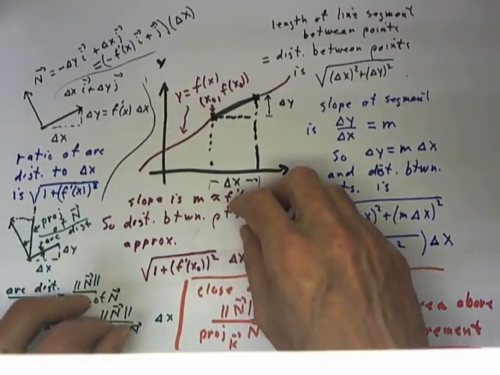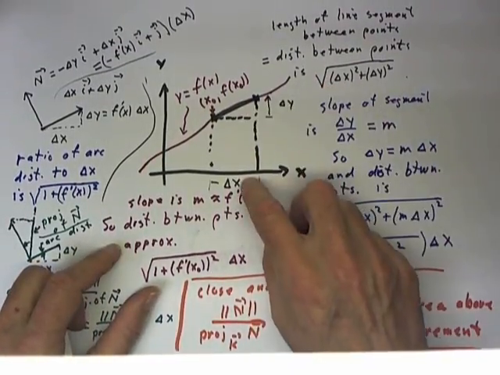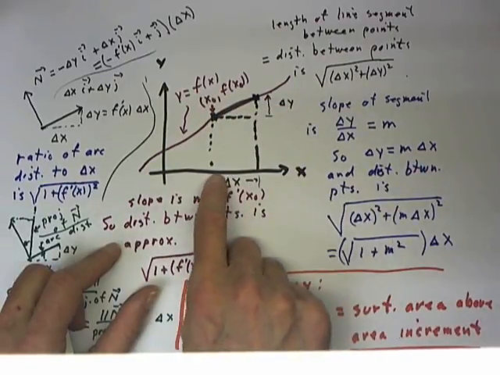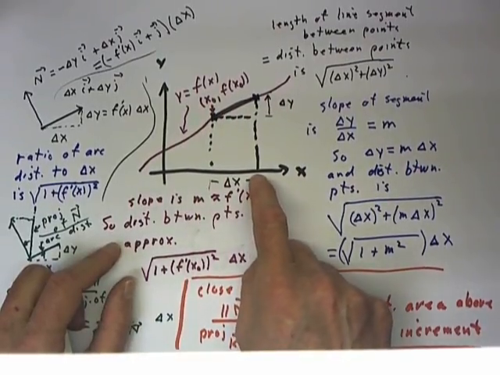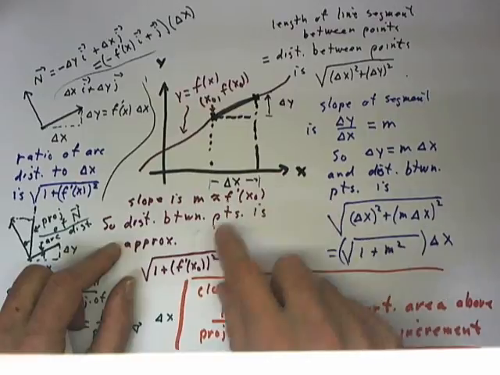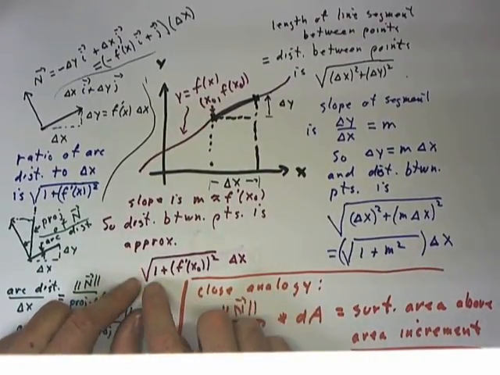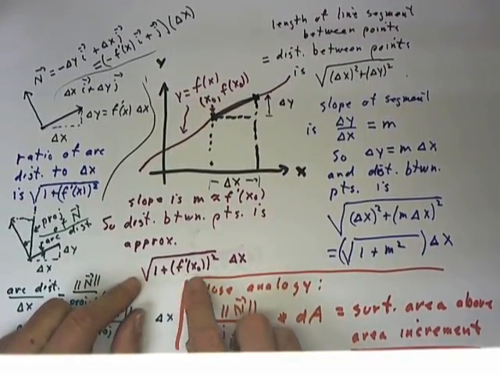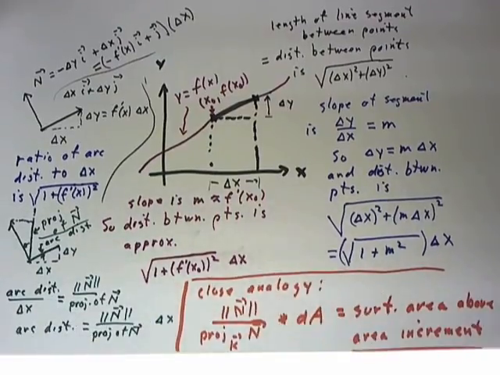Okay, we've seen that the ratio of an arc distance to the delta x interval here, an idea familiar from first year calculus, is just the square root of 1 plus f prime of x naught squared.